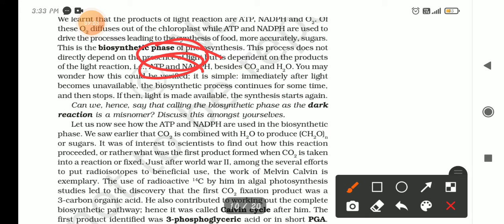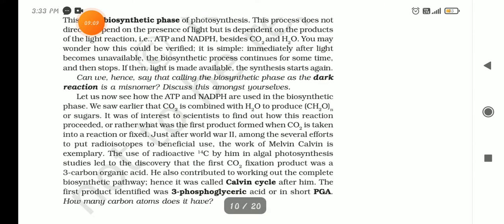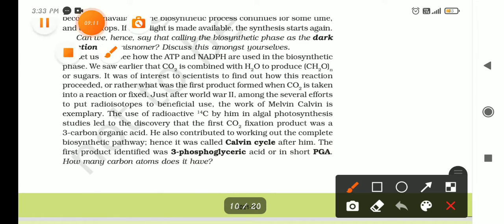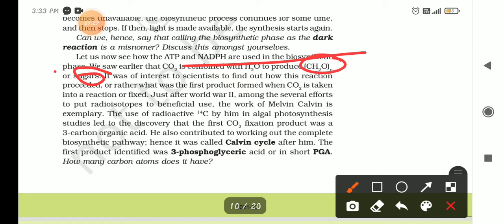Now let's see how the ATP and NADPH are used in the biosynthetic phase. We saw earlier that CO2 combines with H2O to produce CH2O, or sugars.